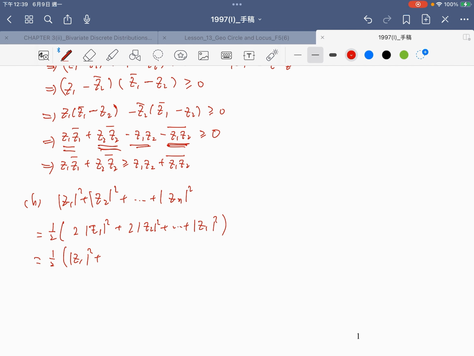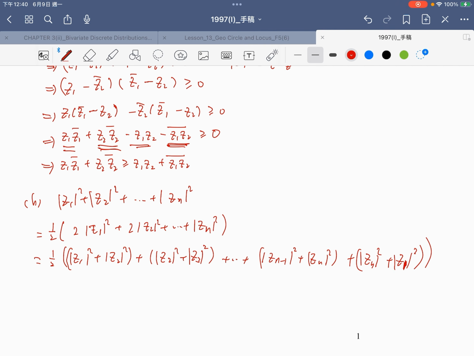In this case, I group Z1 and Z2. This is one term, this one group. And then the second group, Z2 plus Z3, and so on. Then the last two terms are Z(n minus 1) squared plus Zn squared. The last one, Zn plus Z1, this one.